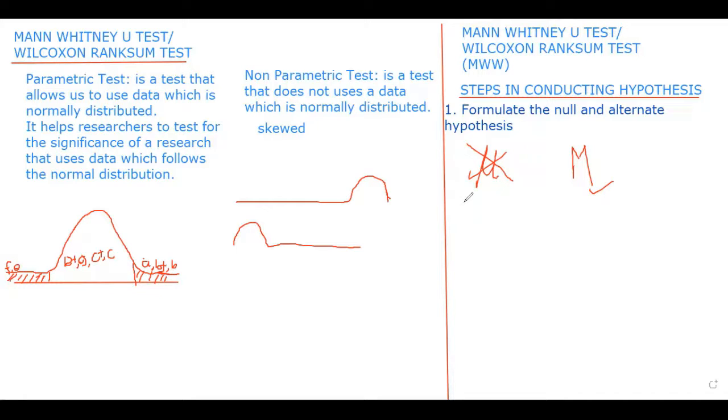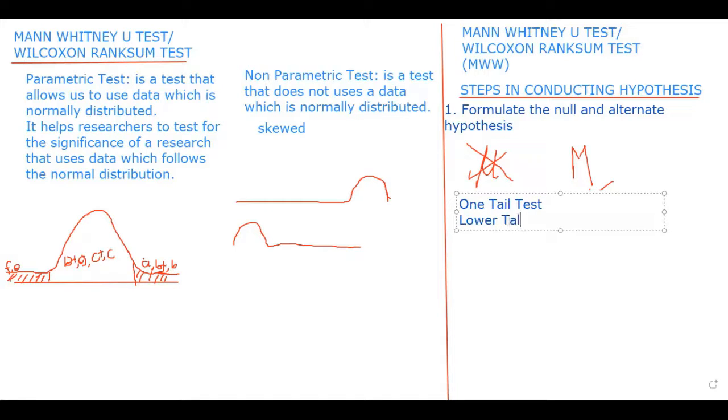The moment you see different, then you are talking about equal sign. You get it? Yes. Okay, so let's move on to how we formulate the null and alternate hypothesis. So let's first of all look at the one-tailed test. And for the one-tailed test, we will look at the upper and lower test.